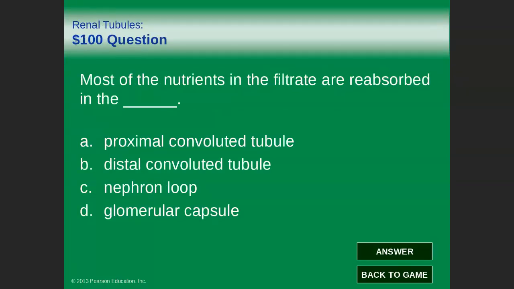Most of the nutrients in the filtrate are absorbed where? Proximal, distal, or nephron loop? The proximal tubule is where most of your volume is going to change.